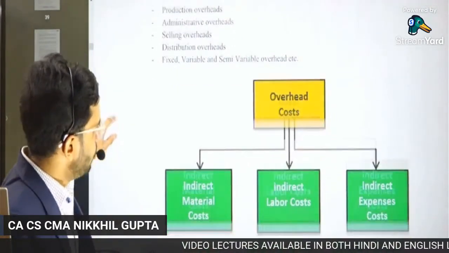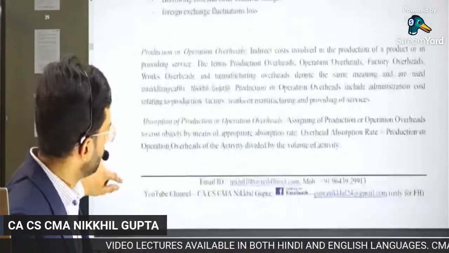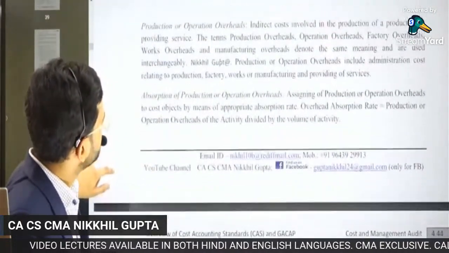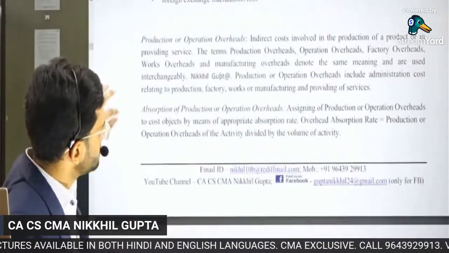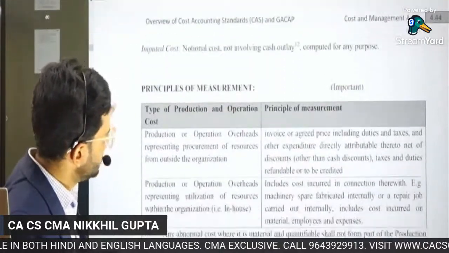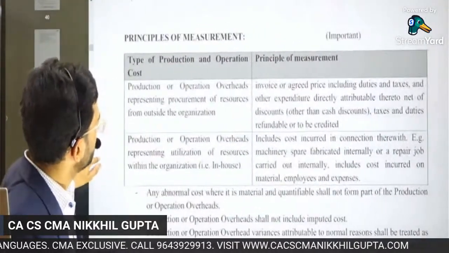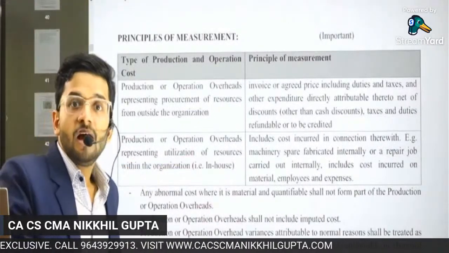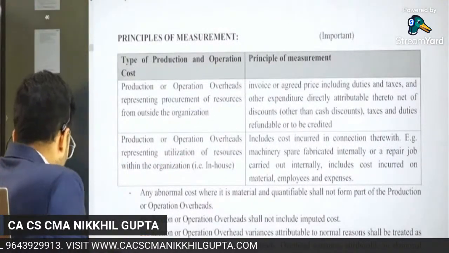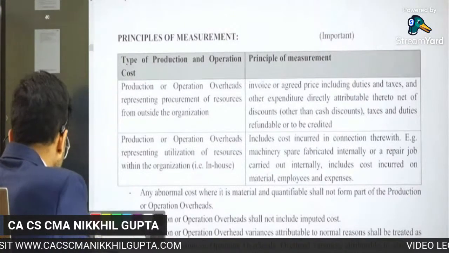Okay. Now, overhead costs are of three types, which we all know already. Production overheads, absorption of production overheads, we already discussed. Now, principles of measurement. How do we recognize or calculate the amount of indirect expense?